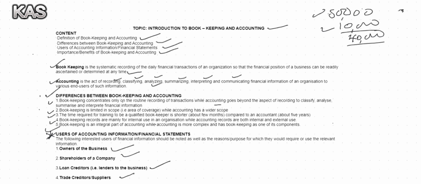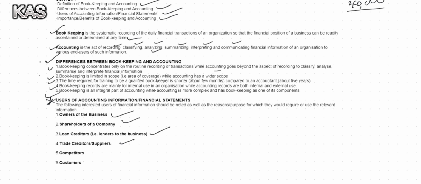Then number four, we have suppliers. Who are these suppliers? Suppliers are those that supply goods to the company. Say you supply goods and I will pay you after 30 days. That is, you supply goods on credit. The payment terms is you will be paid after 30 days of delivery.